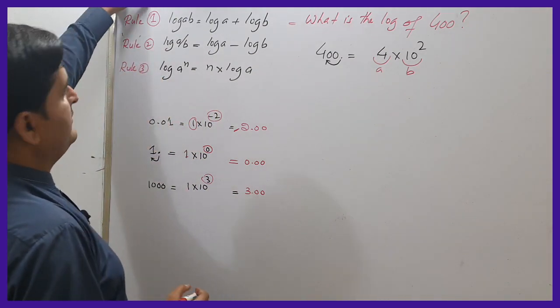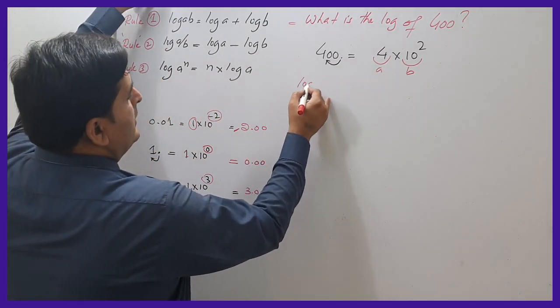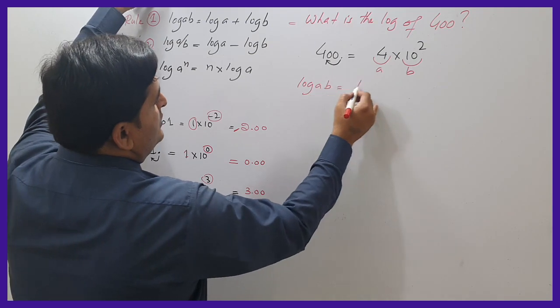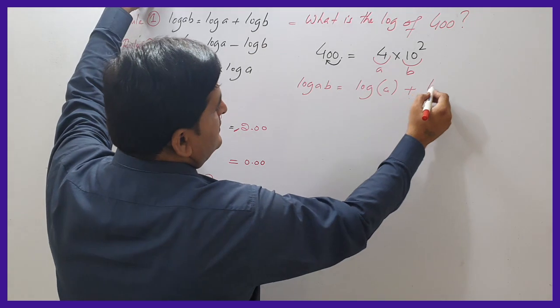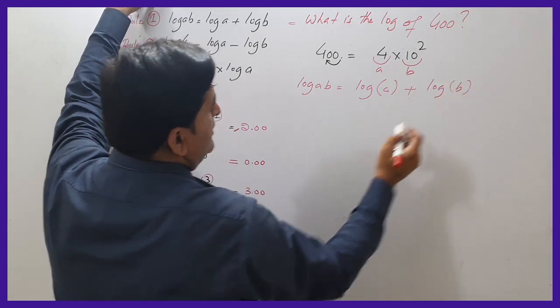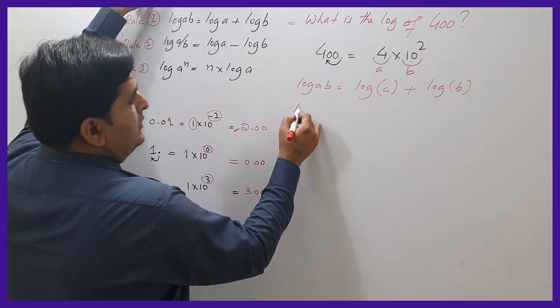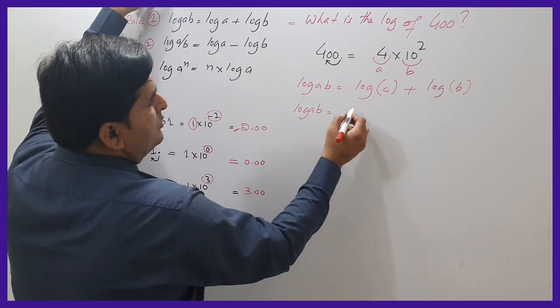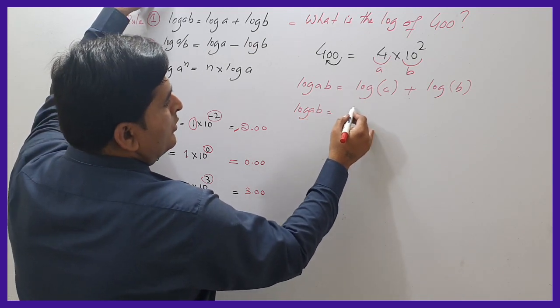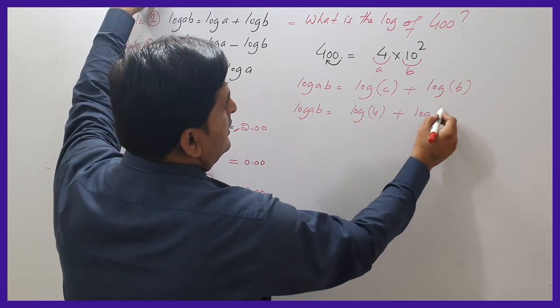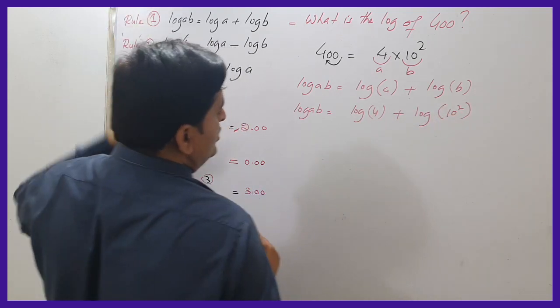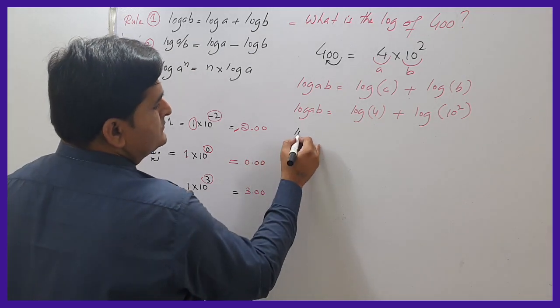So we apply rule number 1. Log AB is equal to log A plus log B. So we write log AB is equal to log 4 plus log 10 to power 2.